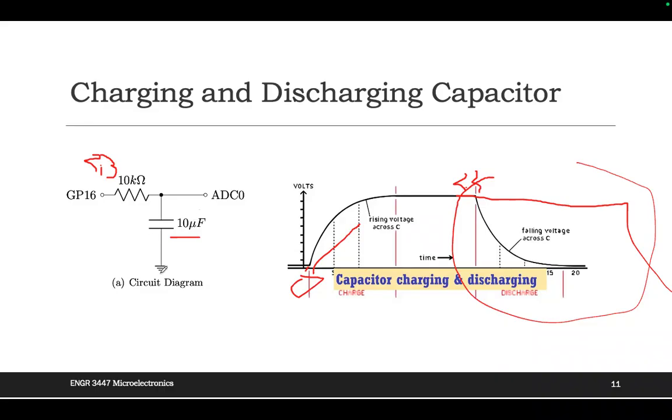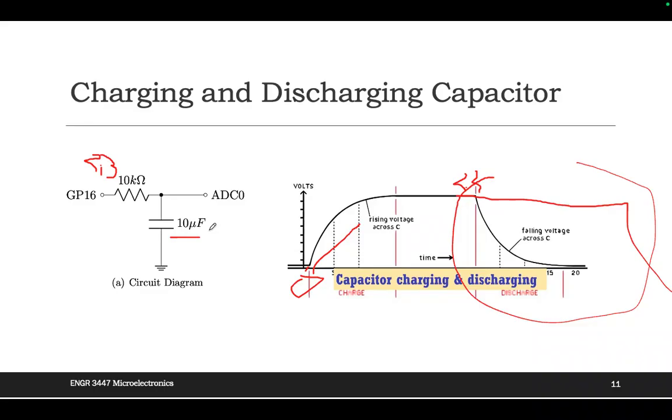So while this is happening, what I'm curious about is what is the graph that ADC0 is seeing? If that's the voltage that the capacitor is seeing, what would go to ADC0? Oh, actually, this is just like the multimeter.